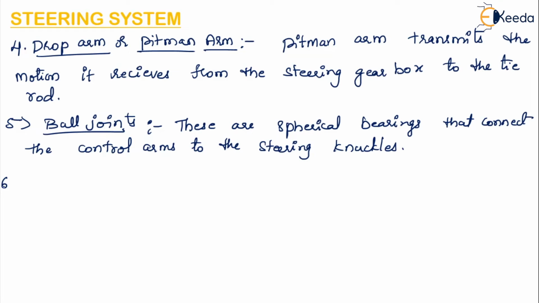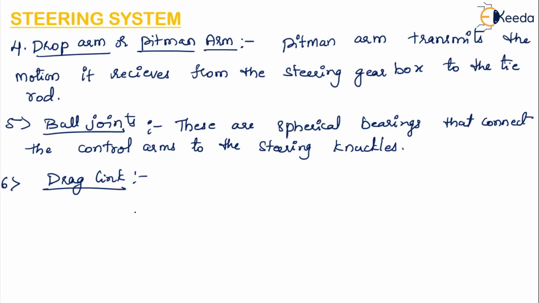The next component is the drag link. The drag link is the connection between the pitman arm and the steering arm, or it connects the pitman arm to the tie rod assembly.